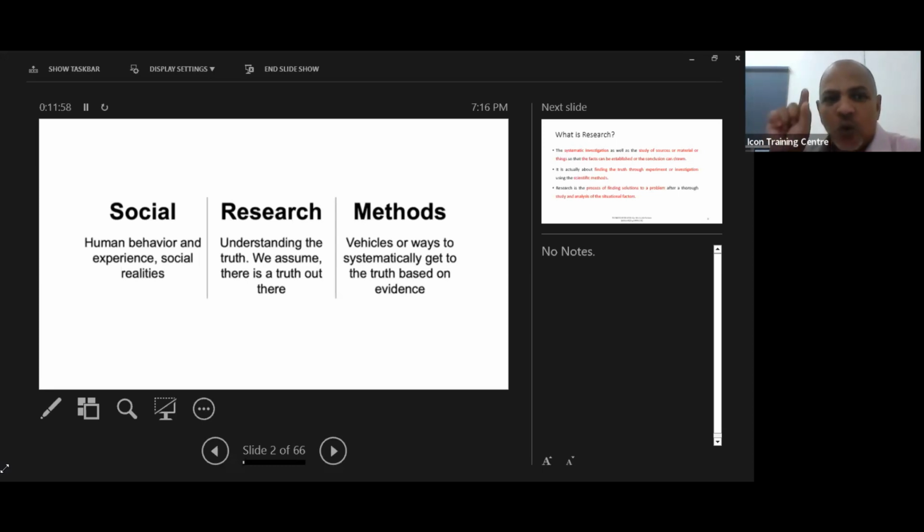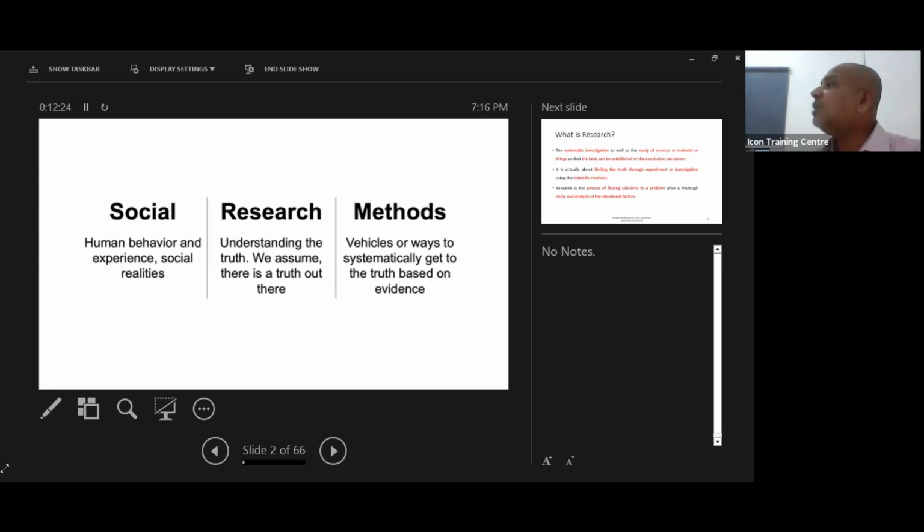If you take only one organization, this is a case study. You have to remember the differences between a case study and research. You have to be very clear. If you take one organization as a case, take a problem, and find a solution to the problem, it's a case study.